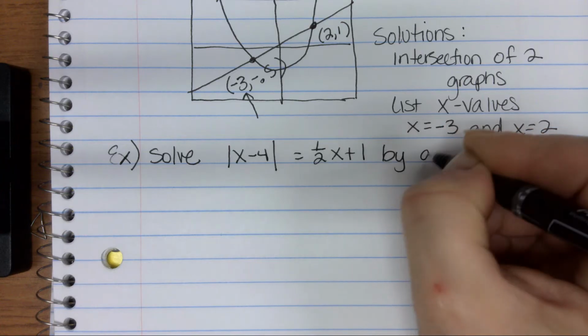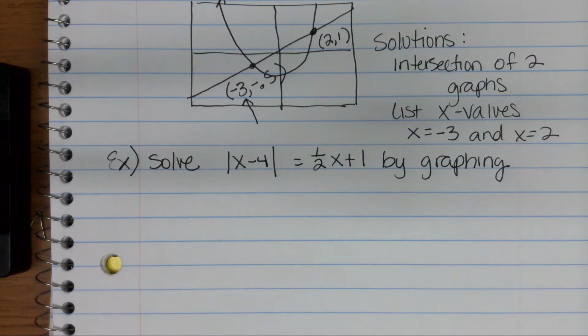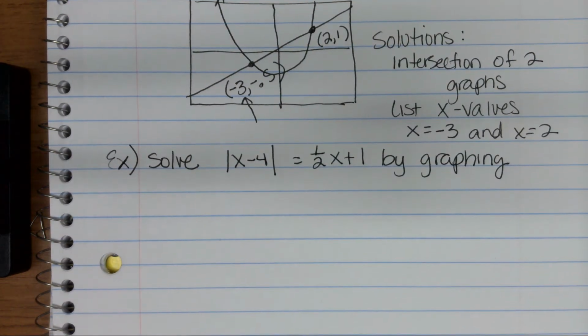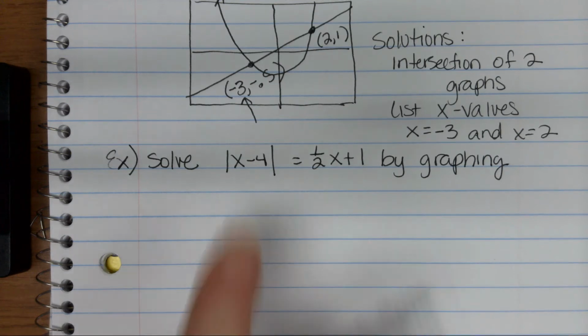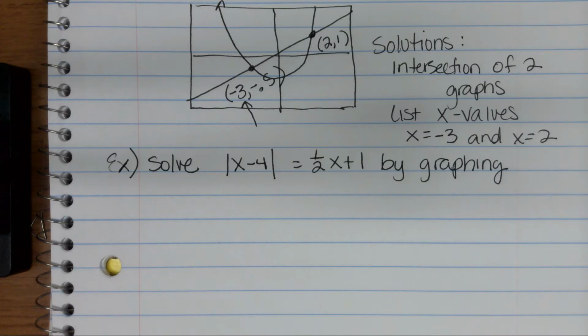Okay, so once you get Desmos up, what I'm going to have you write down in your notebook is the equation we're going to solve. So we're going to solve the absolute value of x minus 4 equals 1/2 x plus 1 by graphing. So I'll give you a minute to write that down.